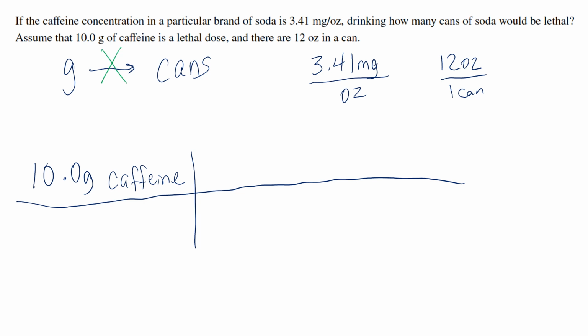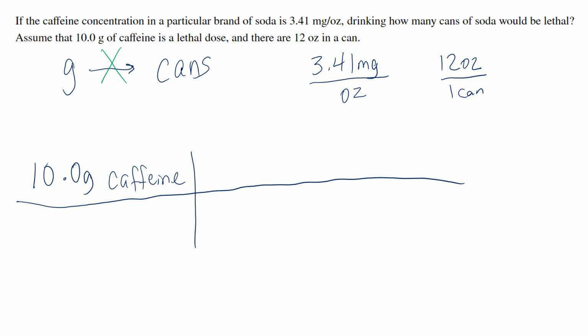So if I look, I had ounce and milligram, I had ounce and can. So ounces would allow me to compare to the milligram, and ounces would allow me to compare to the can. But I don't have milligram. I have grams. So then you have to ask yourself, is there something else that I could use?